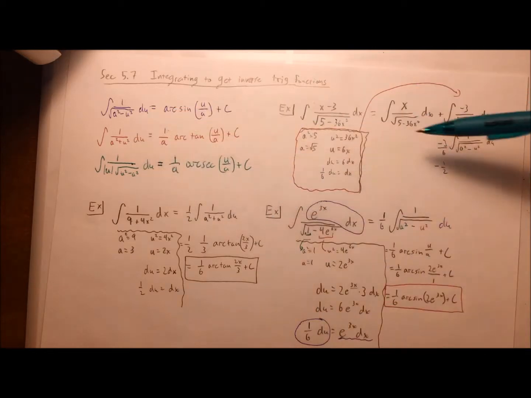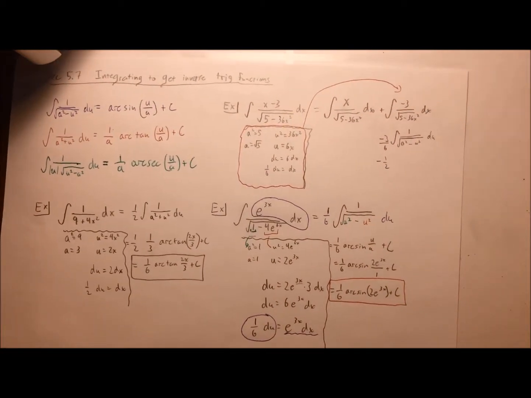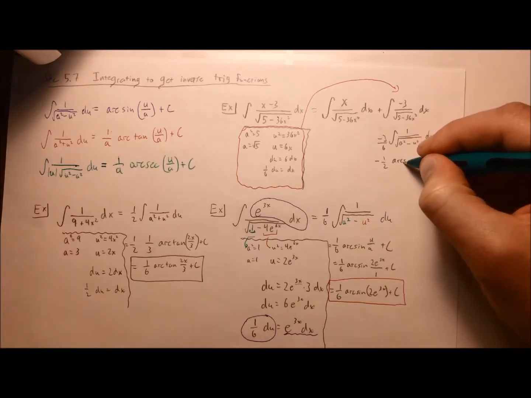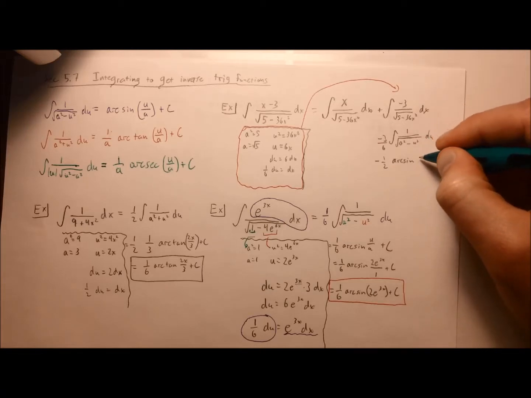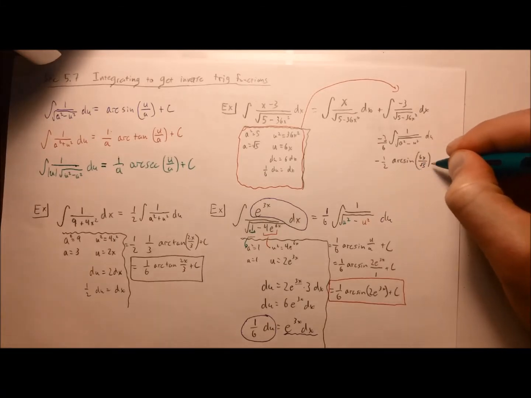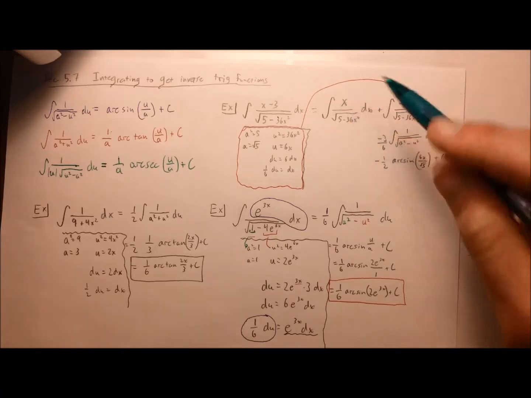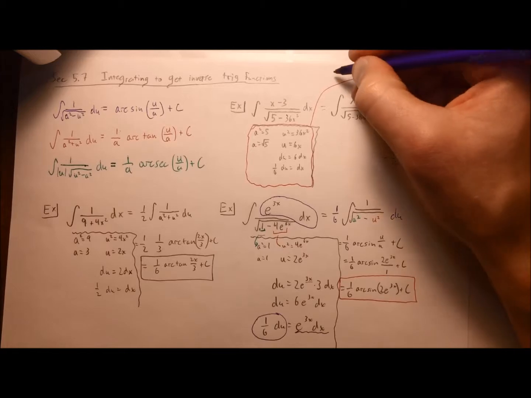There's the formula. This is exactly what we have here. So that's going to give us the arc sine of 6x over the square root of 5 plus c. This one, though, I have to do a separate u substitution for.